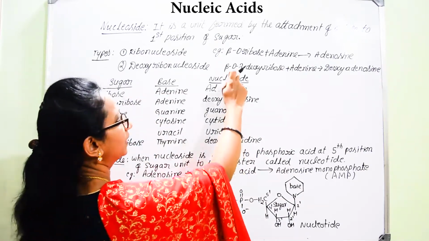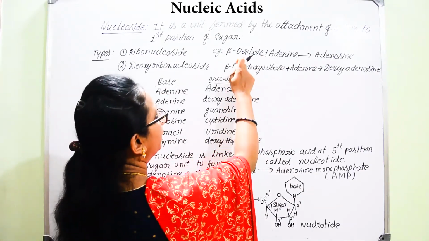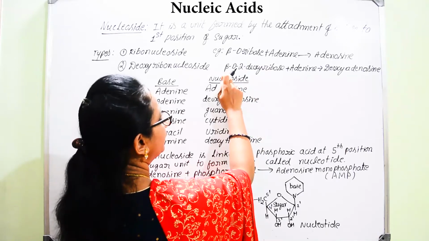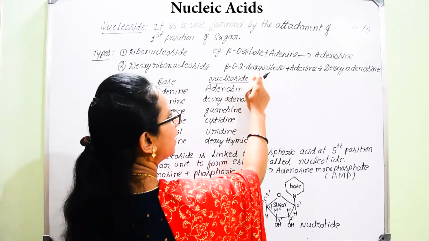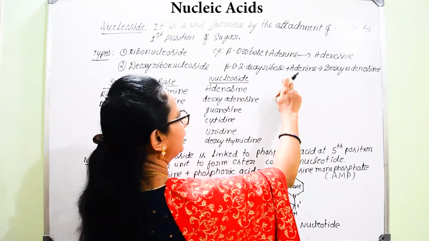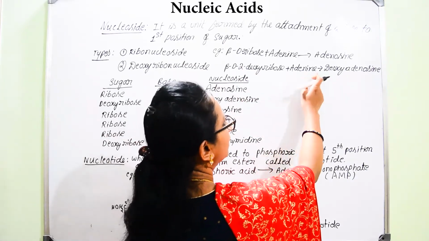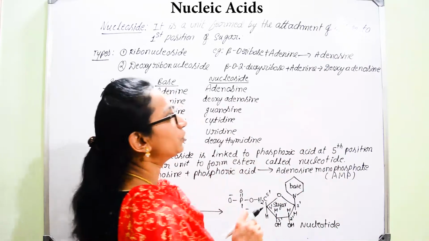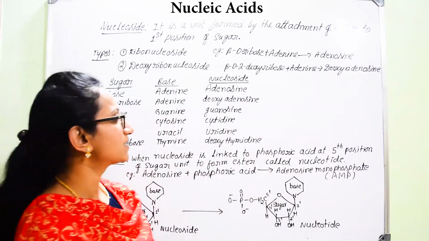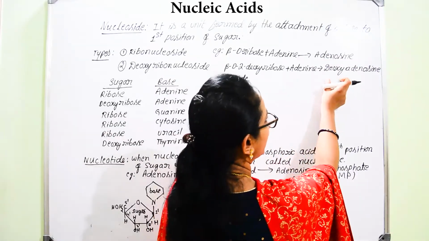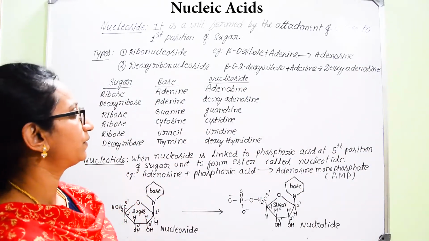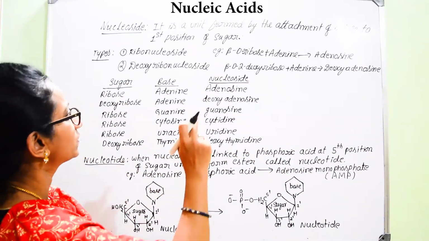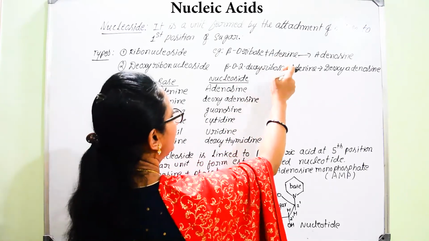In case, instead of beta D ribose, it is beta D 2-deoxyribose, and it combines with adenine, then instead of adenosine we write it with the prefix deoxy, deoxyadenosine.